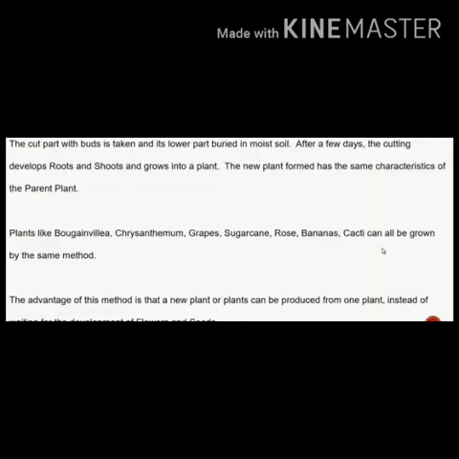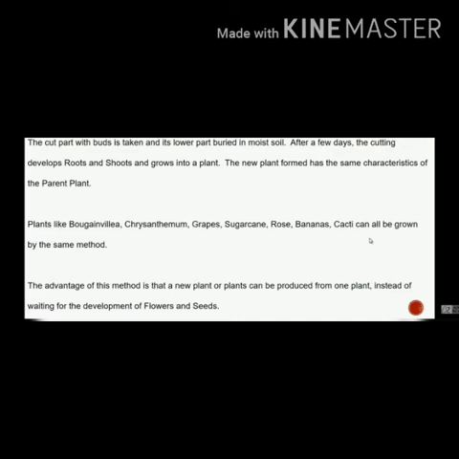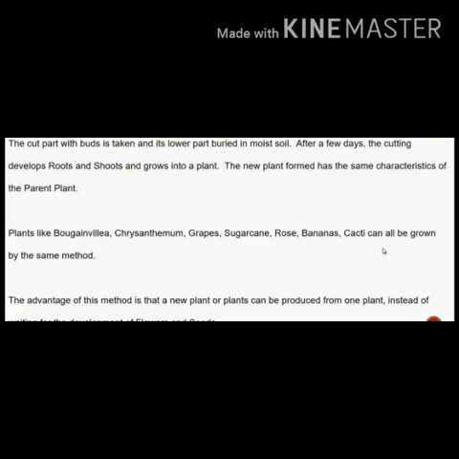Then the cut part with buds is taken and its lower part is buried in moist soil. After a few days, the cutting develops roots and shoots and grows into a new plant. This new plant has the same characteristics as the parent plant. Plants like bougainvillea, chrysanthemum, grapes, sugarcane, rose and cacti can be grown by the same method.